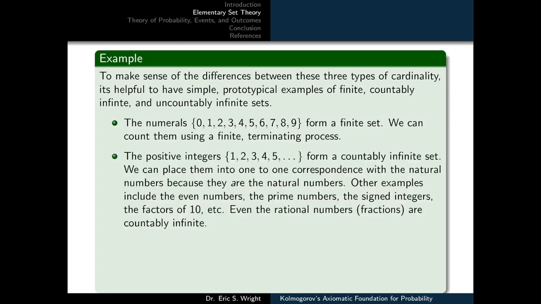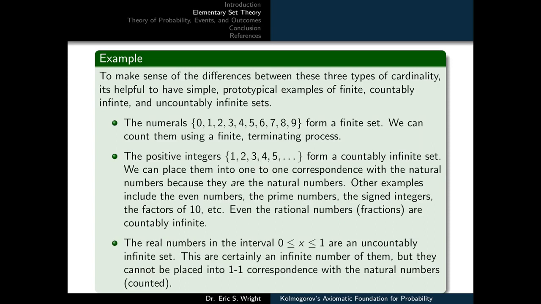The positive integers 1, 2, 3, 4, 5, and so on form a countably infinite set. We can place them into one-to-one correspondence with the natural numbers because they are the natural numbers. Other examples include even numbers, the prime numbers, the signed integers, factors of 10, etc. Even the rational numbers, fractions, are countably infinite.